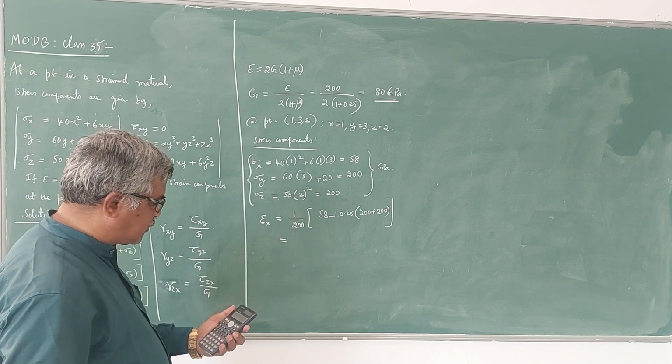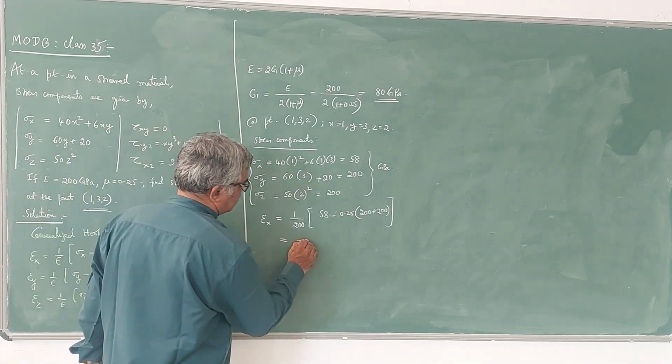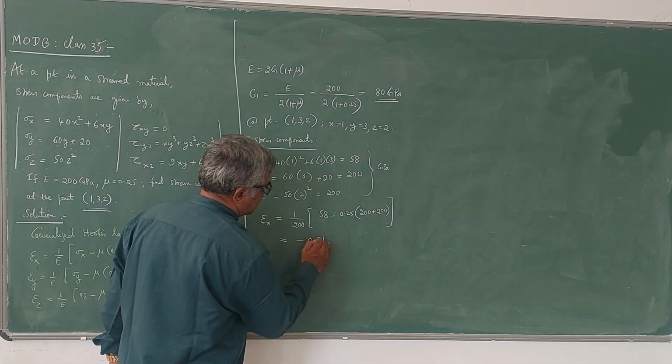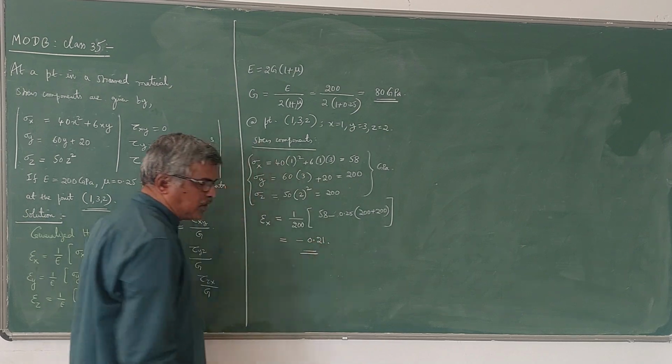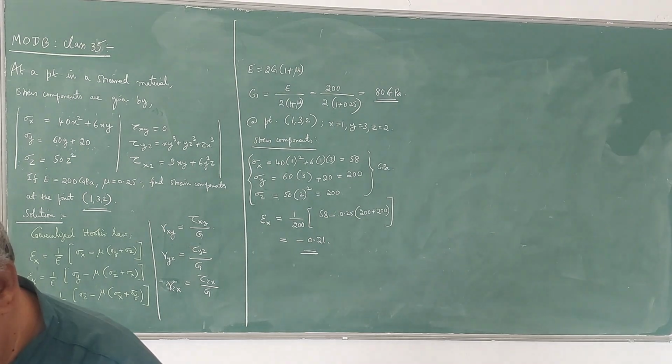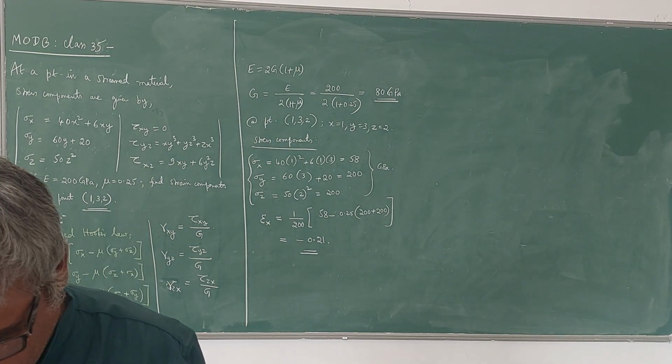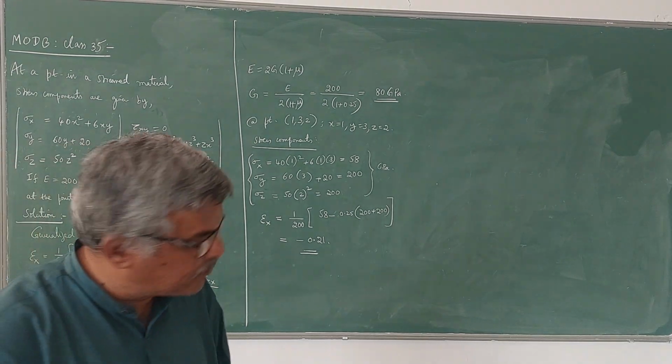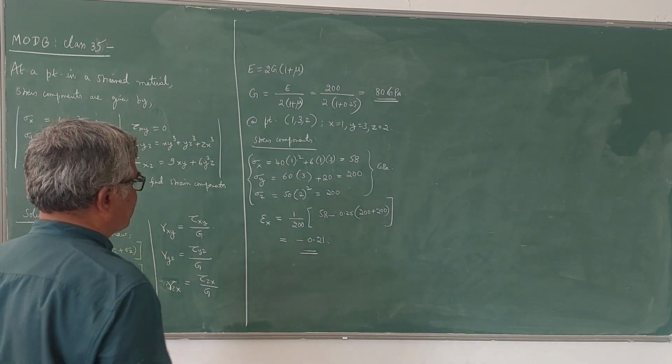So here it comes out to be minus 0.21. Since strain has no units, the value is just minus 0.21. So that is the value of epsilon x.